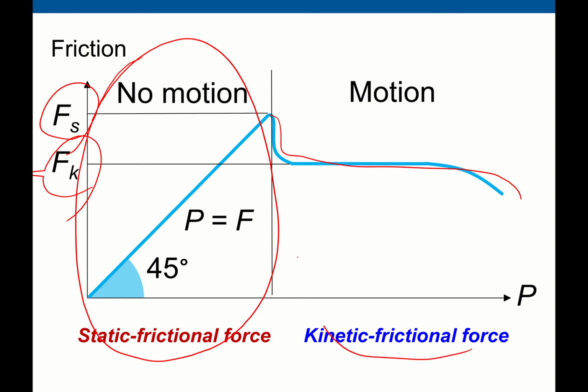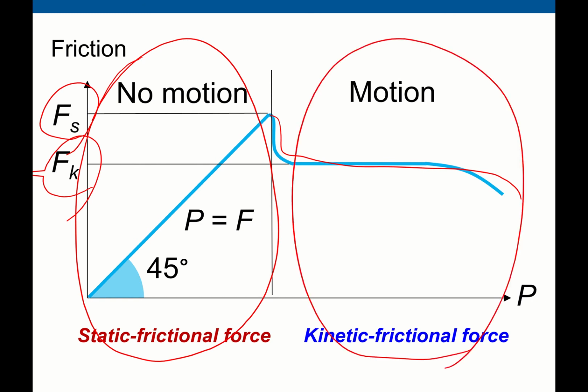So we have two parts: one is the static frictional force, and the other is the kinetic frictional force. The question is, is the static frictional force always greater than the kinetic frictional force? Yes. Static frictional force is always greater than kinetic frictional force.